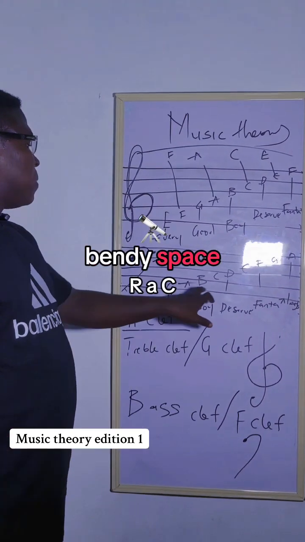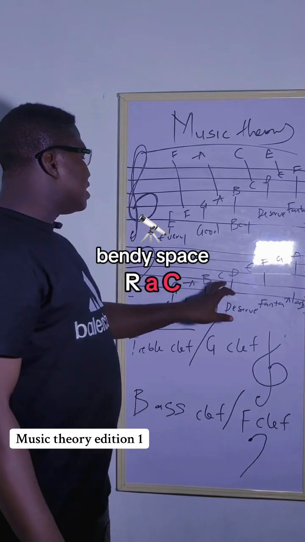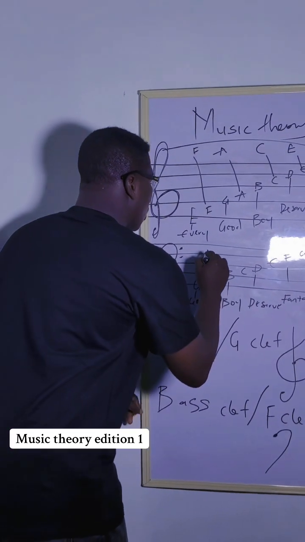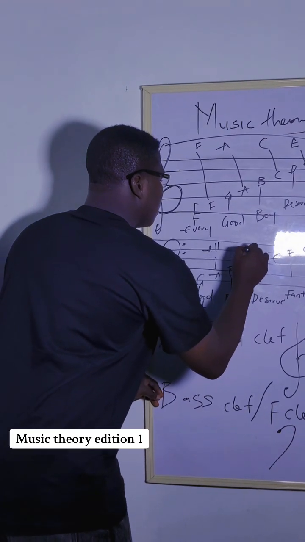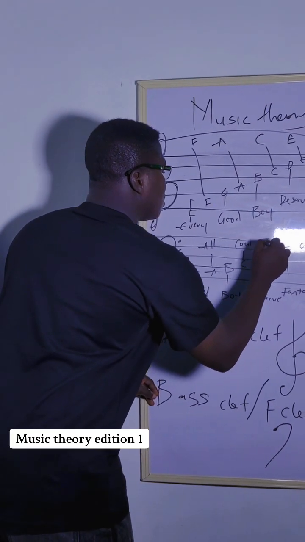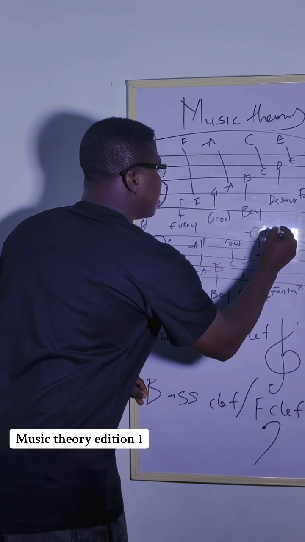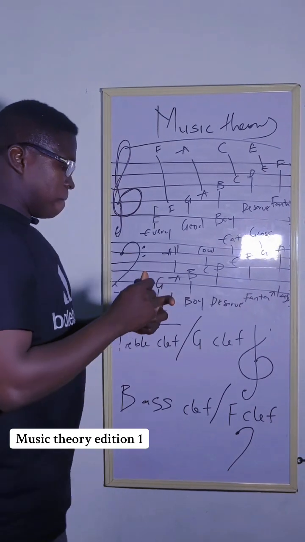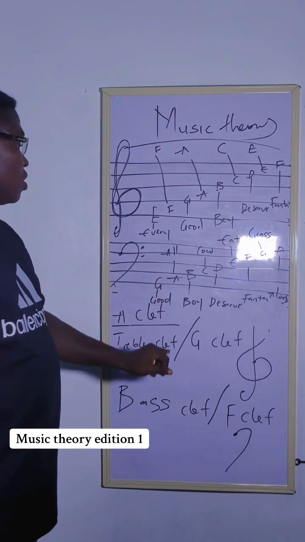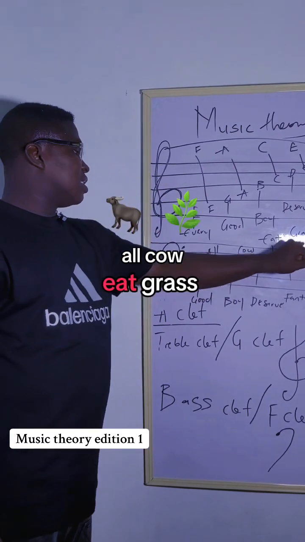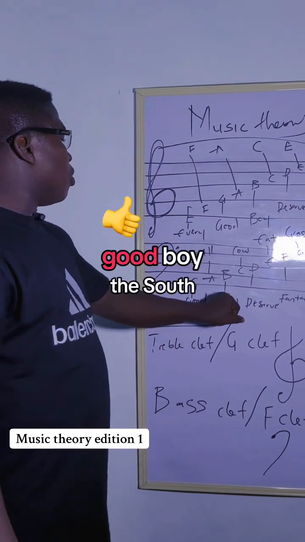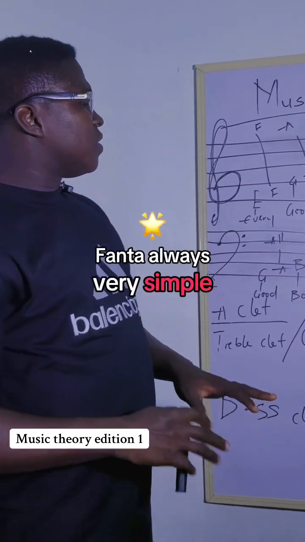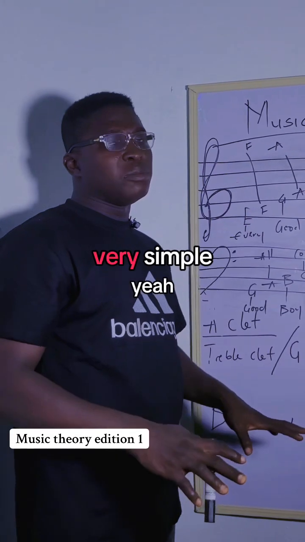Then the spaces are A, C, E, G: all cows eat grass. Very simple. All cows eat grass. Then the lines, good boy deserves Fanta always. Very simple.